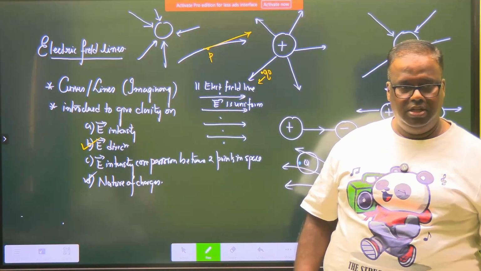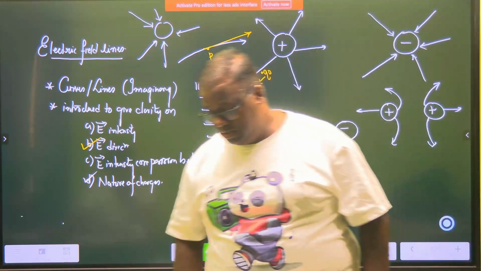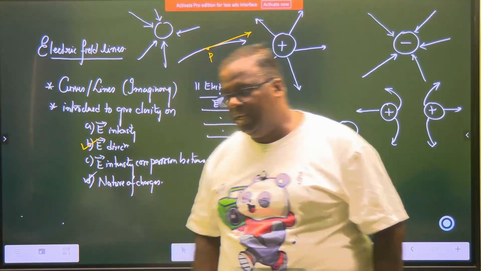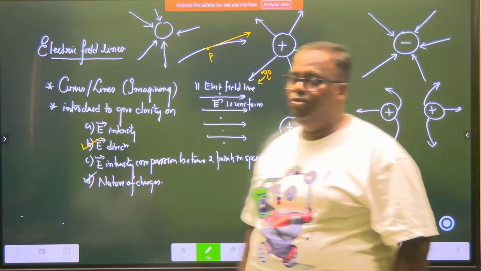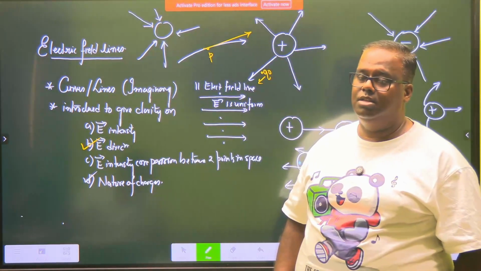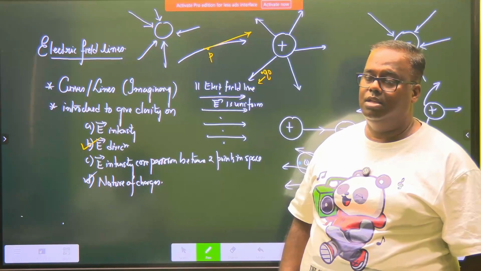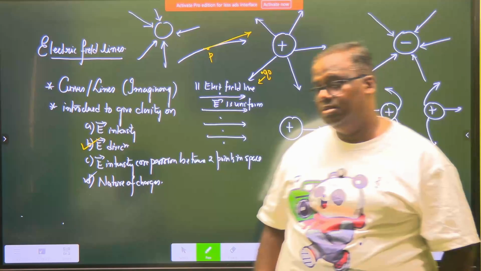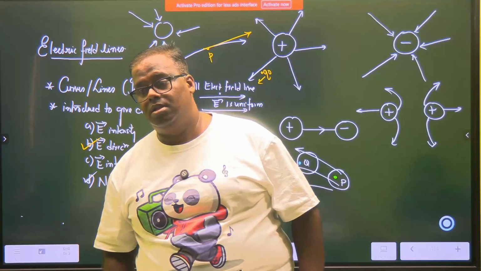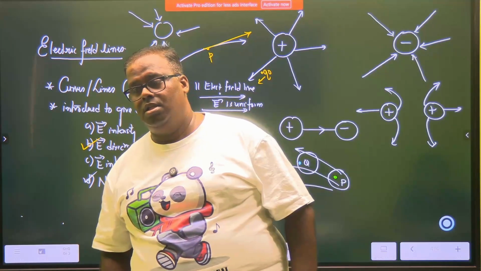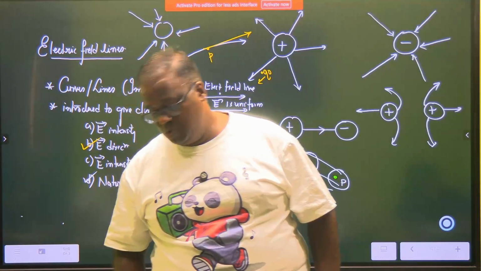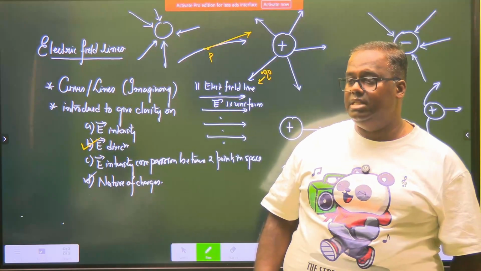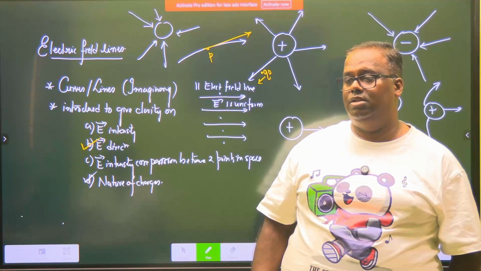Are we fine? Okay. Our last point, density of field lines is directly proportional to intensity of electric field.